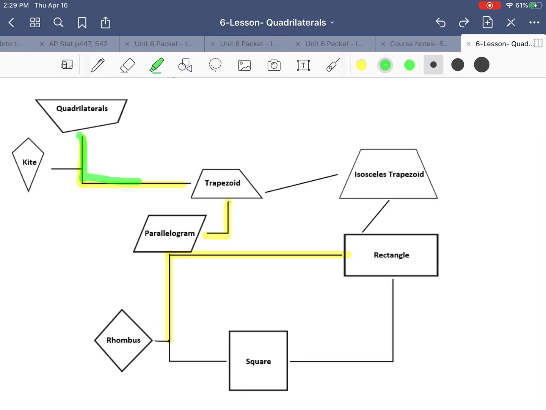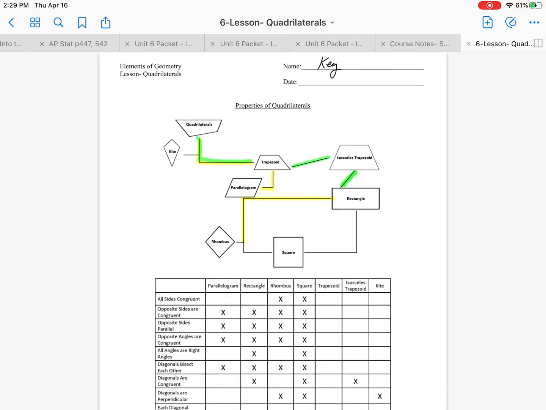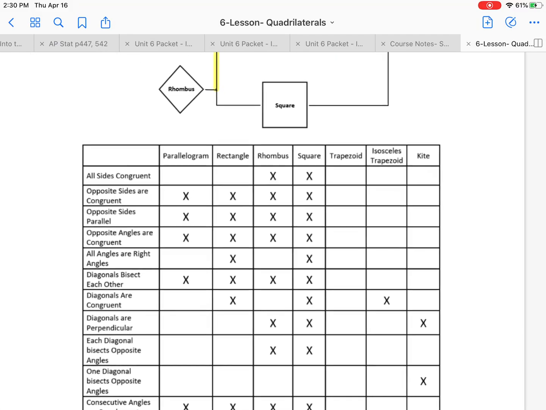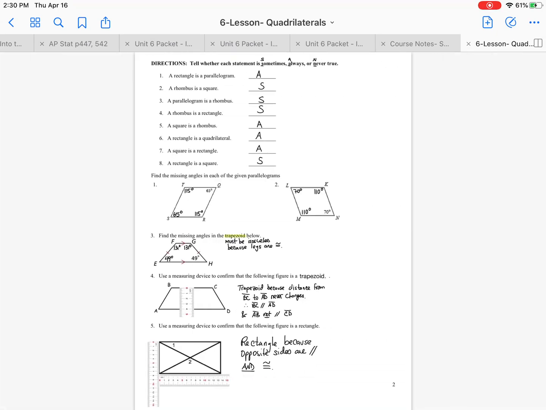The first highlighter came out great. Now it's all like shaky and wonky. By following through the isosceles trapezoid, we can get to a rectangle that way. And then from there, we can follow the path to a square. But basically all roads lead to Rome, a square. And so there we are. All right, but I think that diagram ends up being more useful than this table. And besides, who wants to memorize all this?